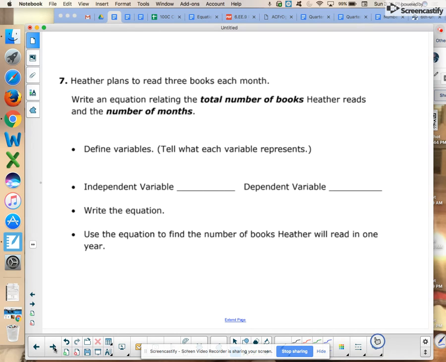Heather plans to read 3 books each month. Write an equation relating the total number of books Heather reads and the number of months. Define the variables. B for the number of books, and M for the number of months.